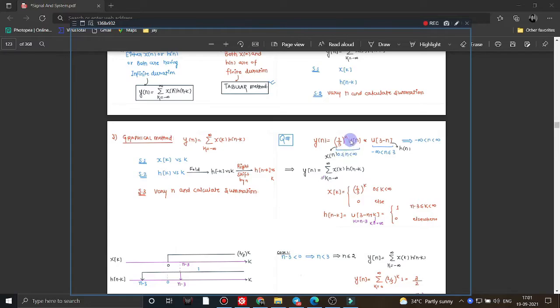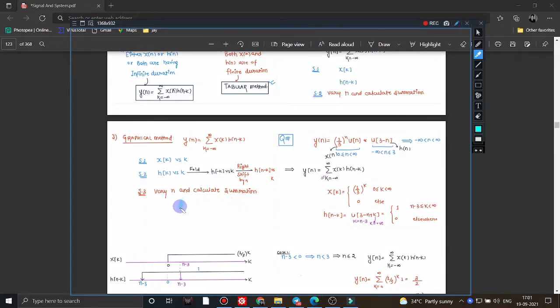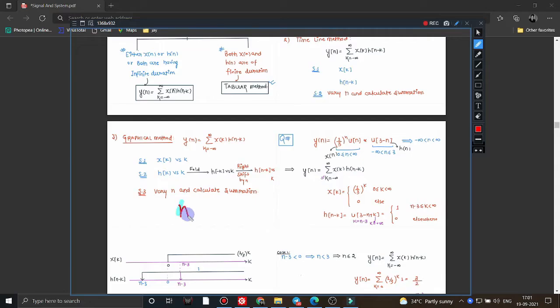This is the first question. First of all, while solving any summable question, we have to ensure the range of the function. The range of this is 0 to infinity, and this is hn. This is our hn, and the variable here is k, and the breakpoint here is n minus 3, and our variable is k.